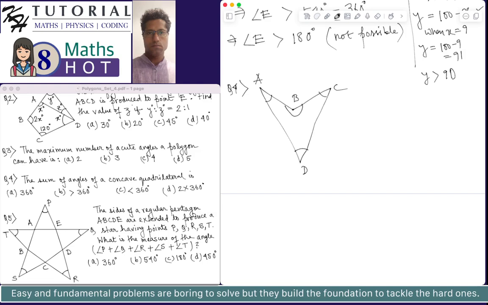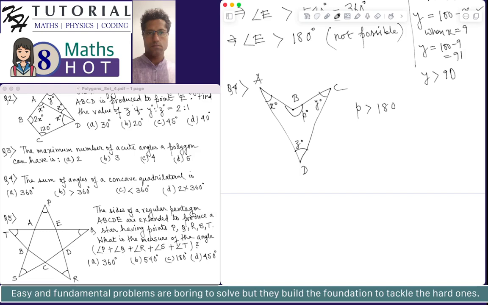Now let's give some names to the angles. Let's say this is X degree, this is Y degree, and this is Z degree, and let's say angle B is greater than 180 degree, because of which the quadrilateral is concave. Let's say this angle B is P degree. So we definitely have P greater than 180.